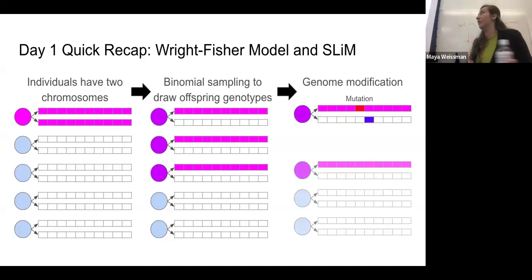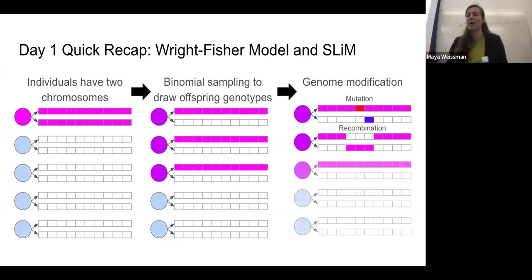Genome modification events are like mutation and recombination. In both of these cases, some of the SLiM parameters you have are a mutation rate and a recombination rate. When you initialize what your mutation rate is, it's saying for every single base pair, every single location in the genome, what is the probability of changing?